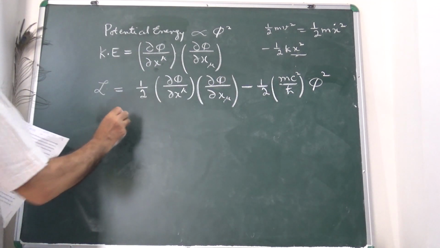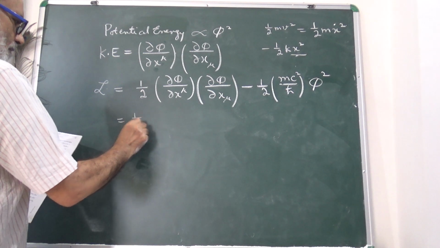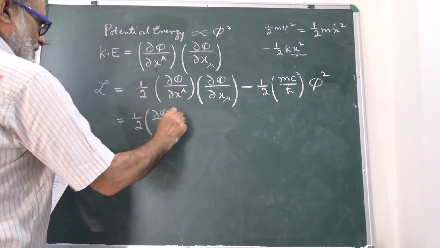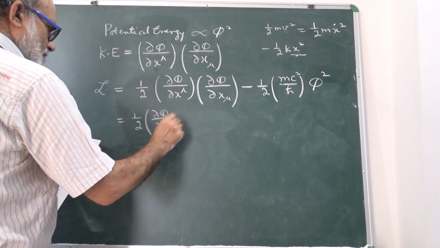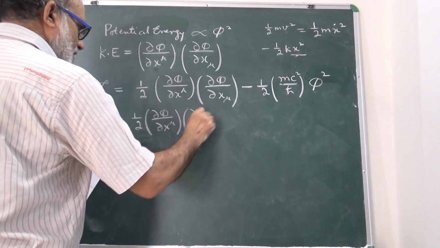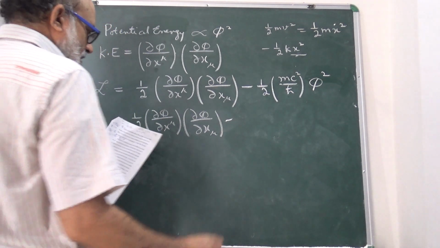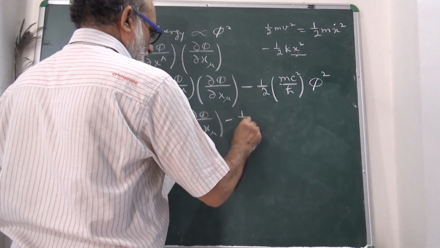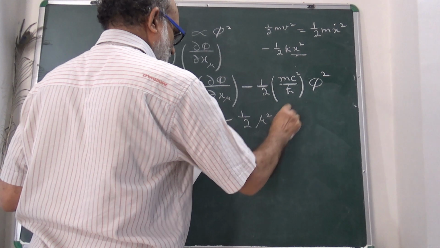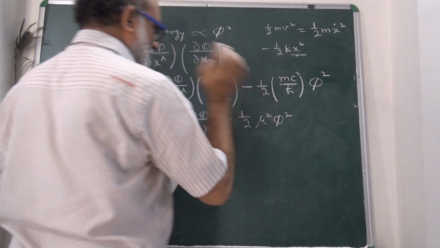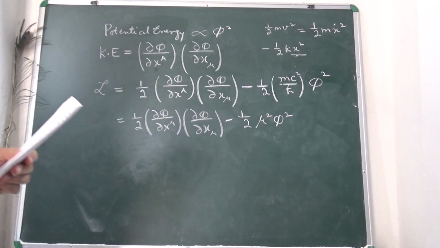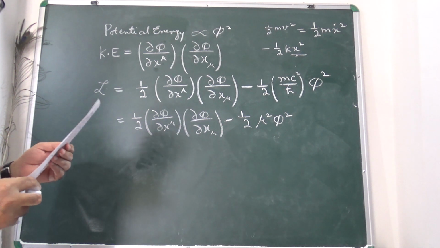So this can be written as 1 by 2 del phi by del x mu del phi by del x mu minus 1 by 2 mu square phi square. This bracketed term is written as mu square.